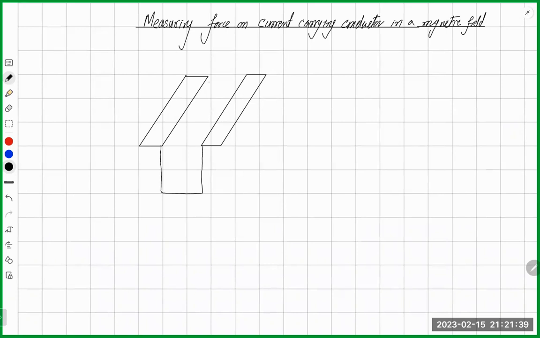For ease, instead of making it round, I'm making it square.